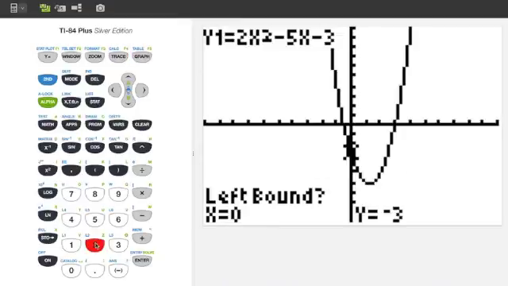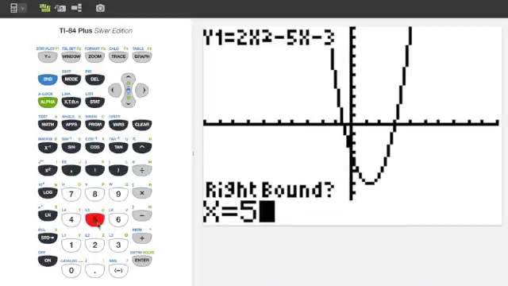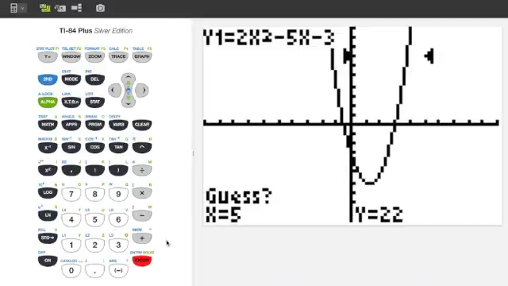So we do 2. We're looking for this 0, so x equals 0 is on the left side of it. So we can enter there. On the right side, I'm going to guess something over here, say 5. Enter that. And then something in between the 0 and the 5, maybe 2.